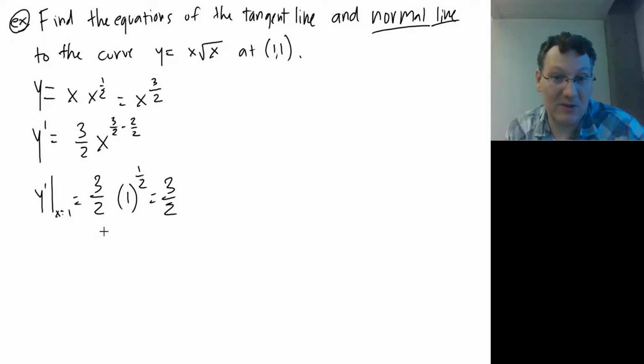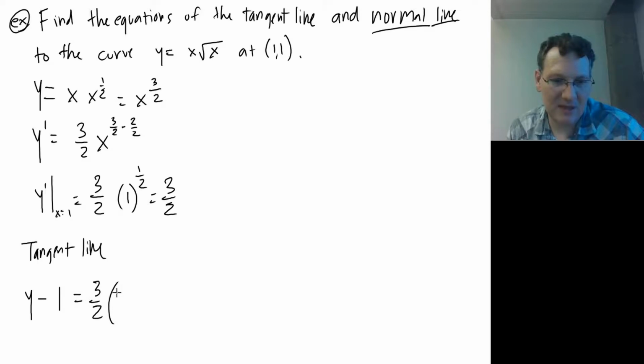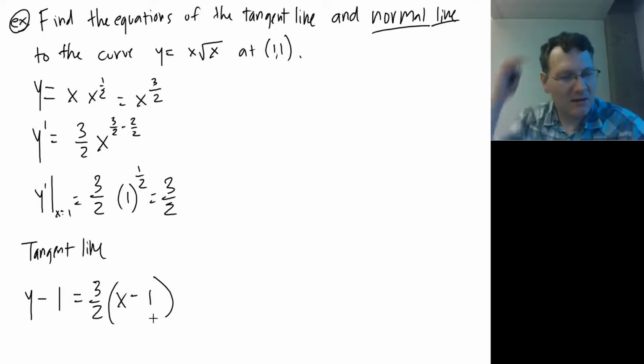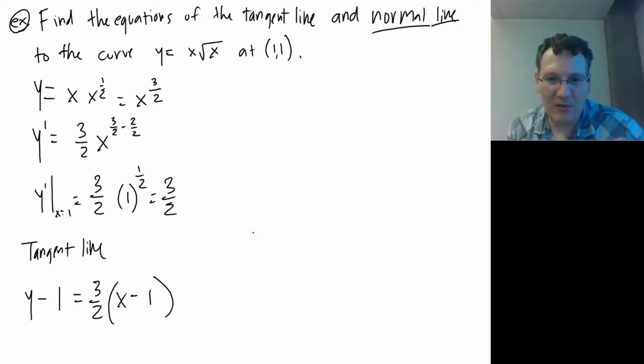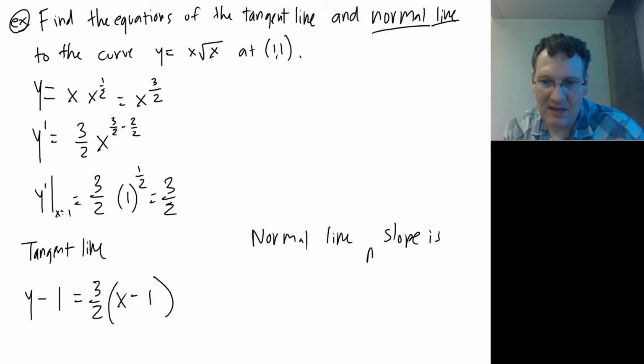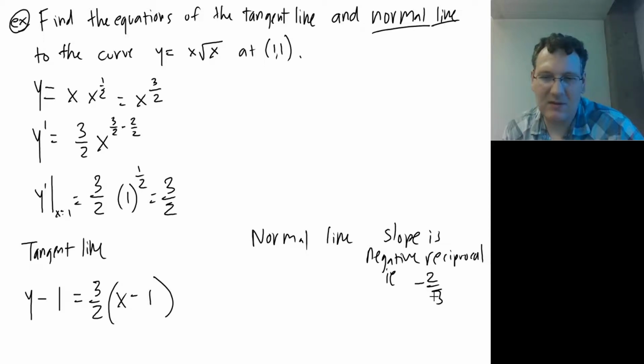So if we want to do point-slope form for the tangent line, we do y minus 1 equals 3/2 times x minus 1. That's how we would write the tangent line. For the normal line, the slope is going to be the negative reciprocal, i.e. it's going to be -2/3. And so the normal line is going to be y minus 1 equals -2/3 times x minus 1.